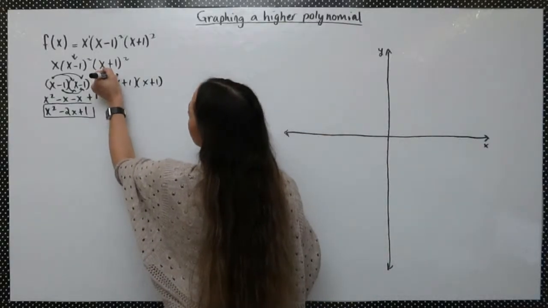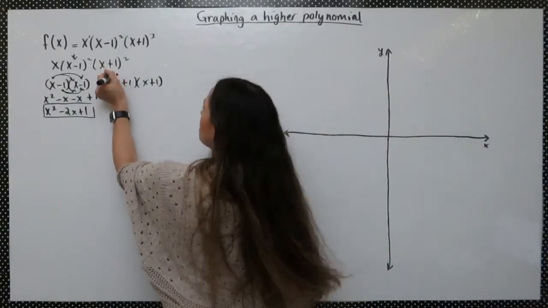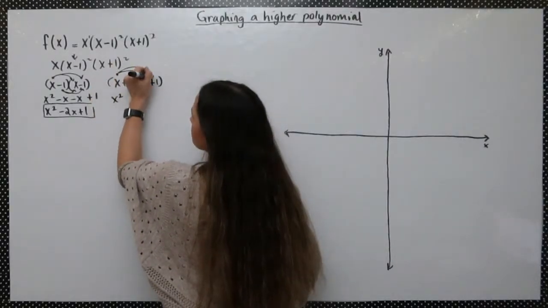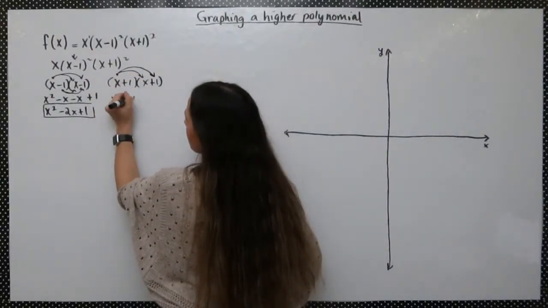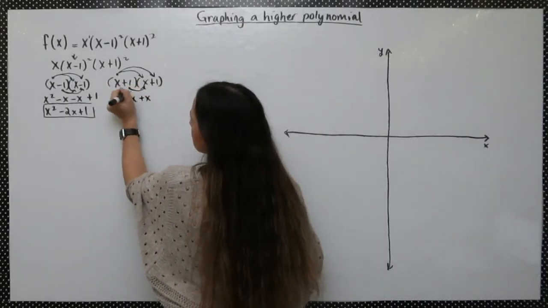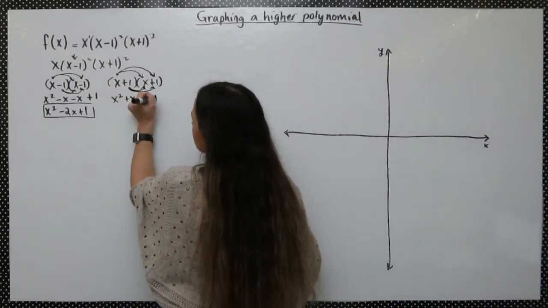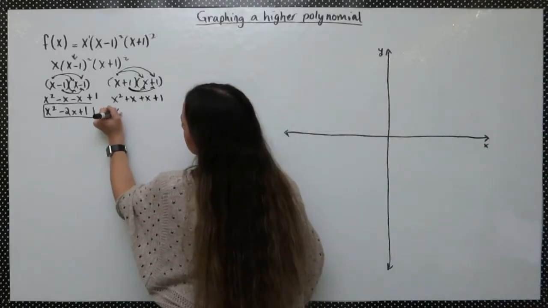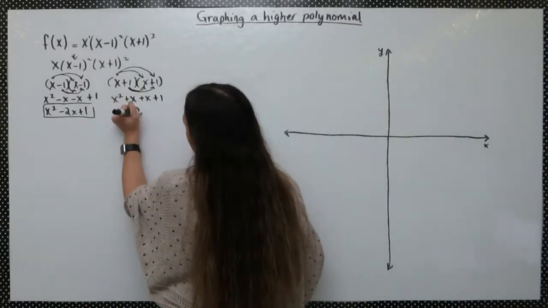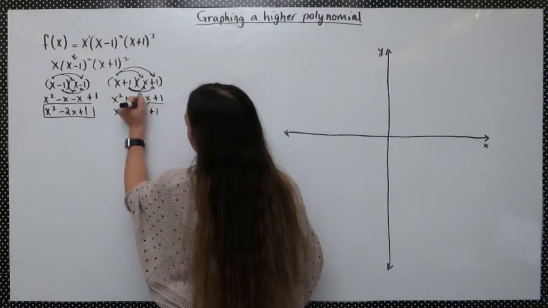So we have x times x is x squared. x times 1 is x. 1 times x is x. And 1 times 1 is 1. So that's going to lead to x squared. Combine your linear terms, that's 2x plus 1.